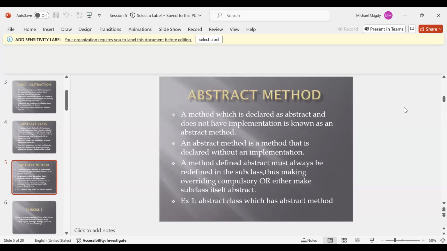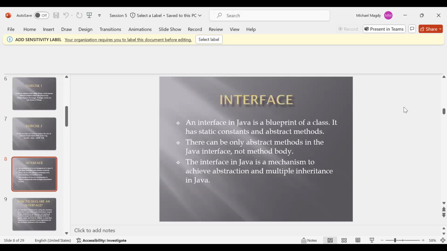We also discussed abstract methods, which may be included in an abstract class or in an interface. The second way, which we will be talking about today, is interface. Interface is our second way to achieve abstraction in our Java program.